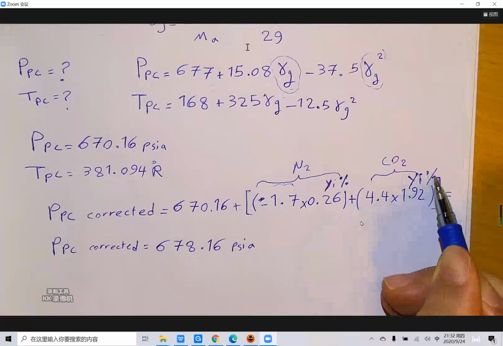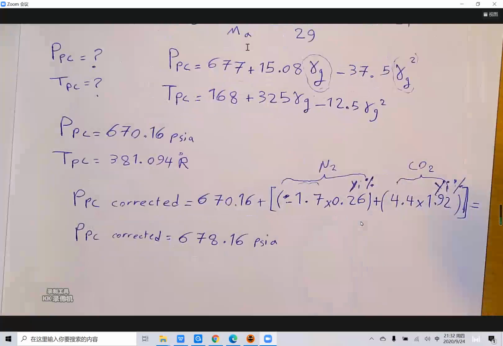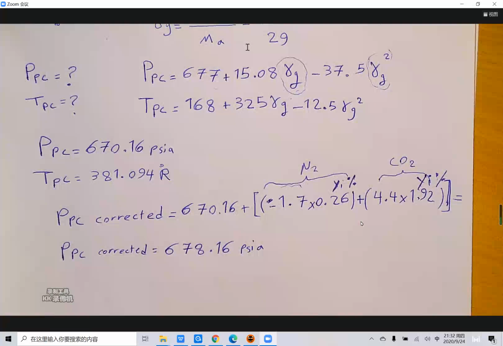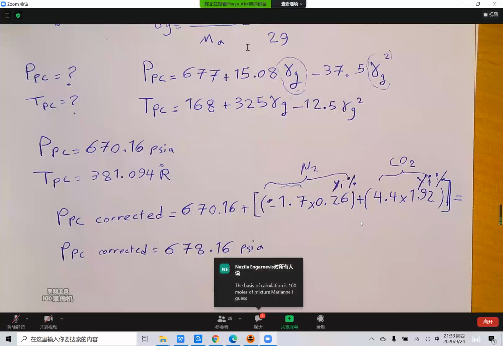Sorry, I also have a question. What is the point of this correction? What does it mean? It means that if we have N2 or CO2 in our mixture, we have some errors in the calculation, so we have to correct it to give us accurate values. Okay, and how do we define such errors?